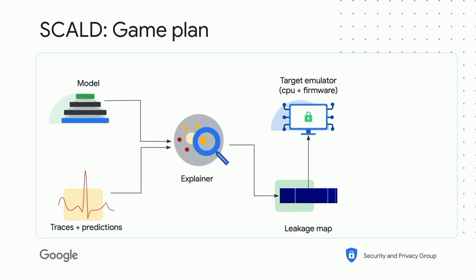It's going to take the leakage map and execute the target, and based on that we get the execution timing, and we'll be able to correlate to know which instruction was executed in which part of the traces. We're going to glue everything together and use debug symbols, and you should be able to get annotated code with the leakage map and say this is the code line which is the most likely to leak.